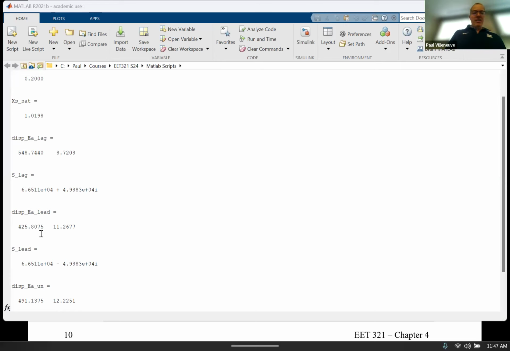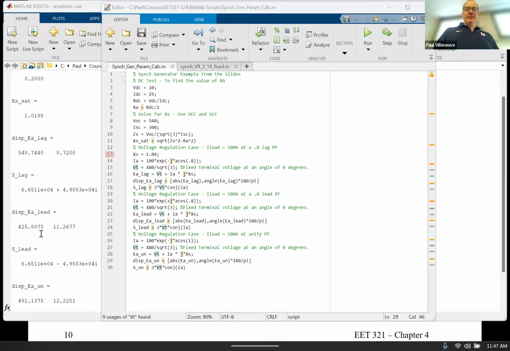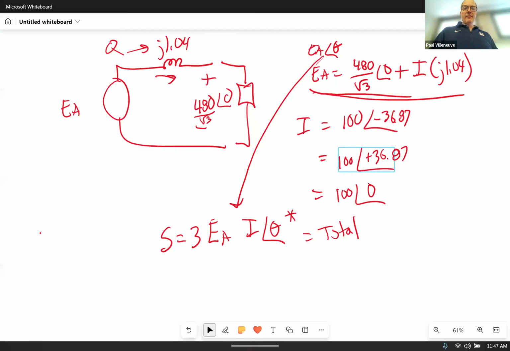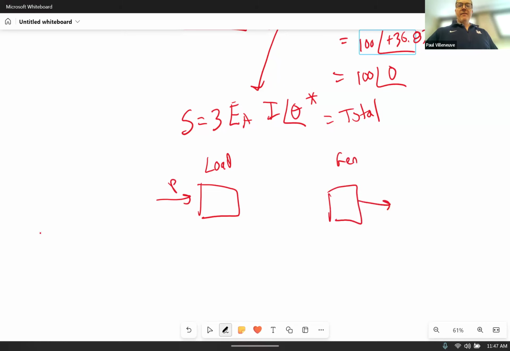And the direction of P, we talked about this before. So P, if you remember a box, if it's a load, P is in. If it's a generator, P is out.